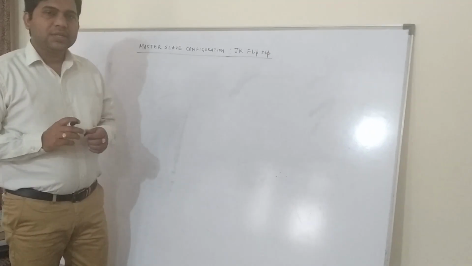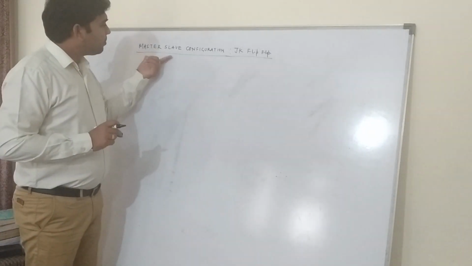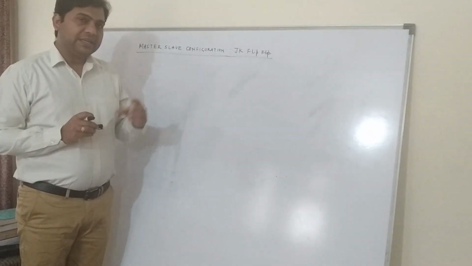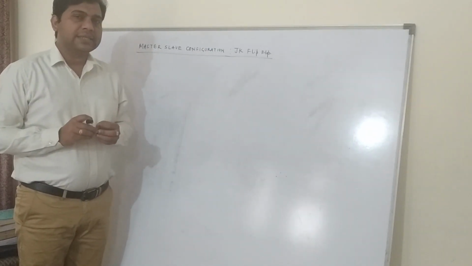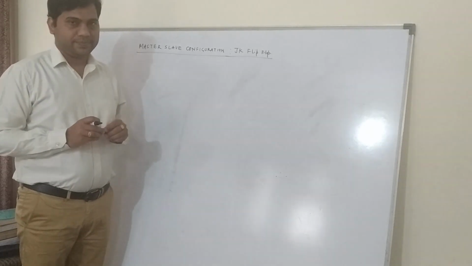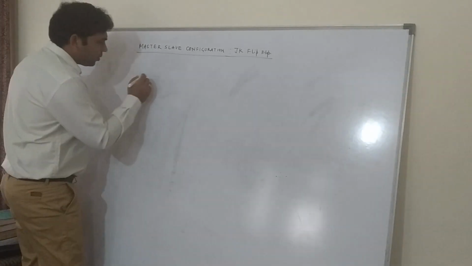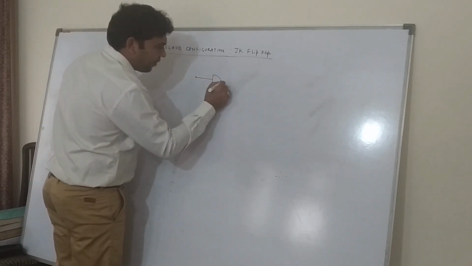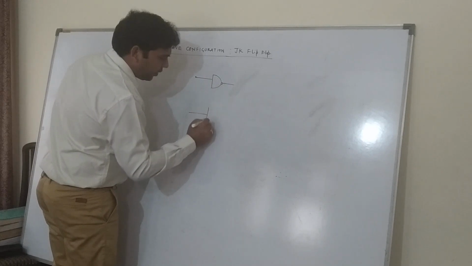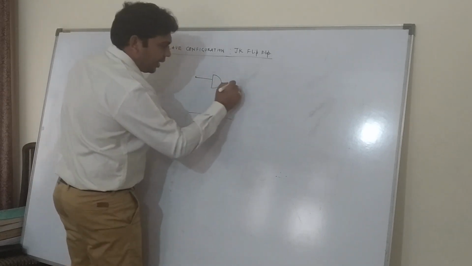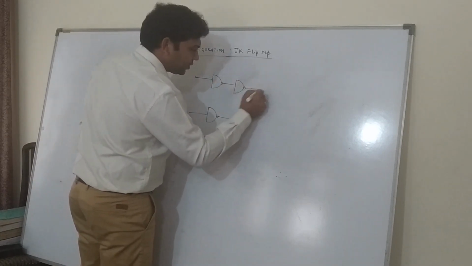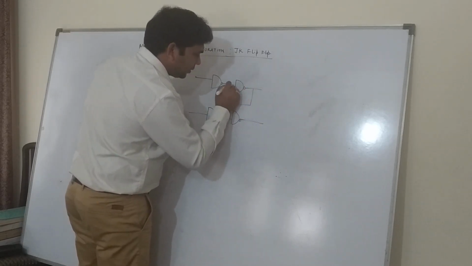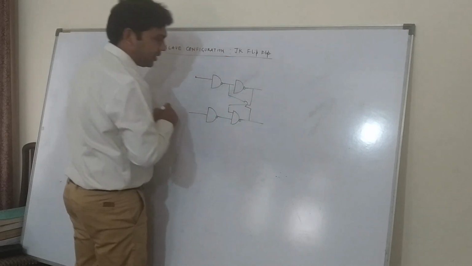So before understanding the master slave configuration of JK flip-flop, first let's once again consider the circuit in which we have a racing condition. Okay, the circuit was something like this. This was the circuit. So we have AND gate here, NAND gate. We have NAND gate here, and then we have a latch like this.